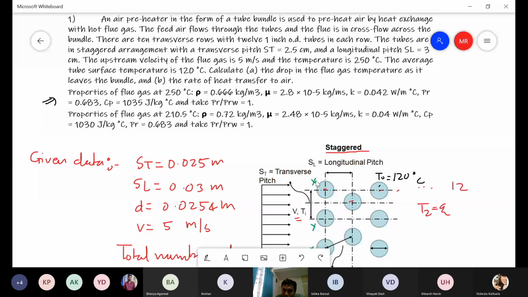It's not between this and this. So this is not counted as a transverse row. This is not counted as a transverse row. The transverse row is this. So then we'll have 240 tubes then. Why 240? Because it says that there are 10 transverse rows. So this anyway is counted in the column.